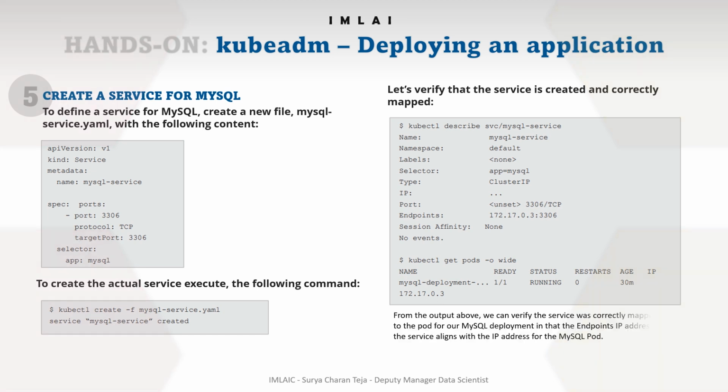From that output above, we can verify that the service was correctly mapped to the pod for our MySQL deployment, and that endpoint is the address to access the MySQL pod.